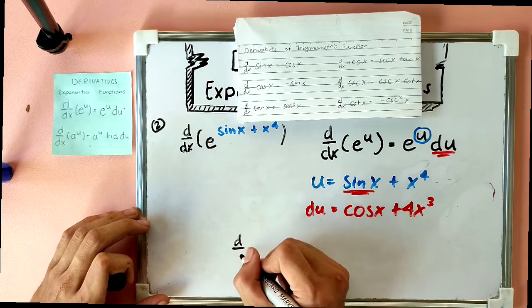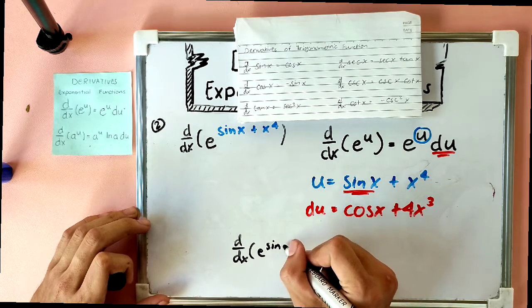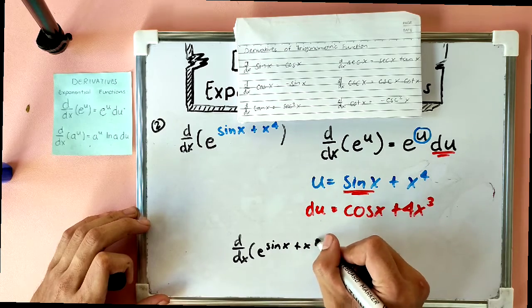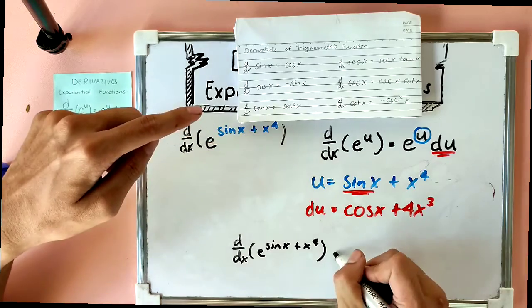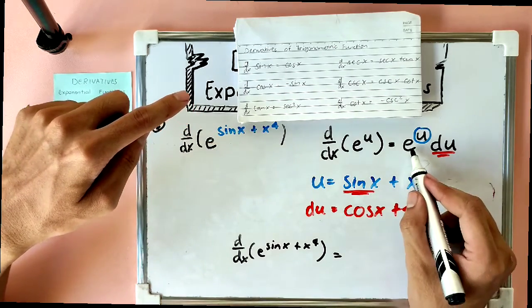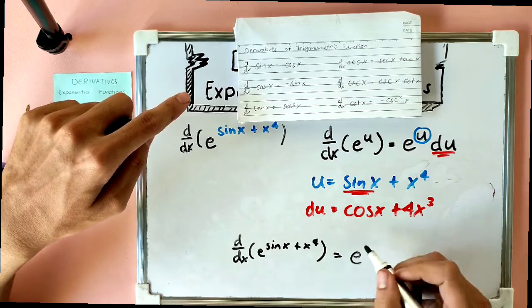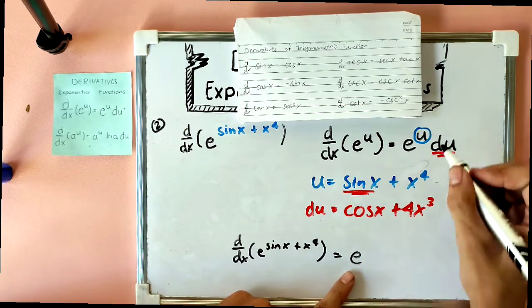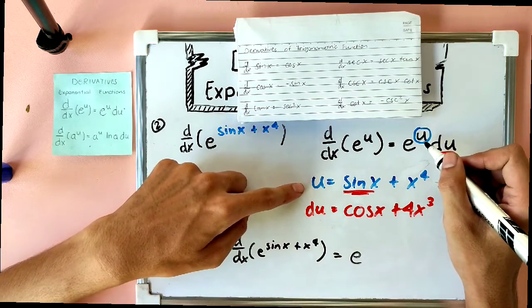So the derivative, copy lang natin yung given, sin x plus x^4, again kinopya ko lang to, is equals to e, just copy the e, then the u, the value of our u is this.